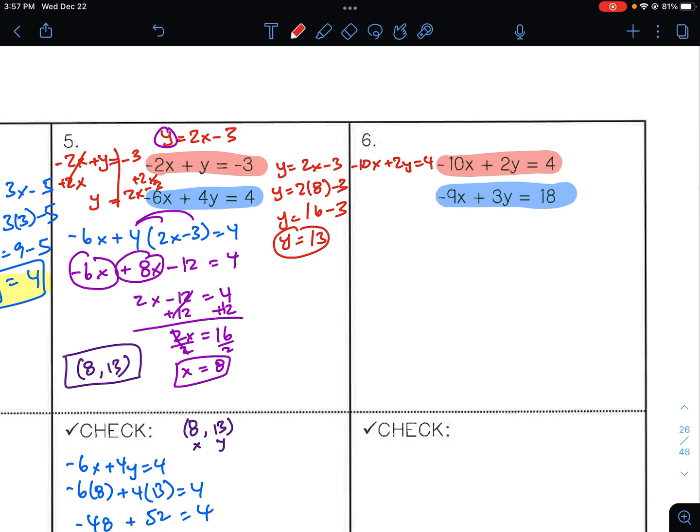I am going to add 10x to both sides. That equals 2y equals 10x plus 4. Right? Divide by 2. That cancels. You're left with 10 divided by 2, and then 4 divided by 2. That's 5x plus 2. So my red equation is y equals 5x plus 2.